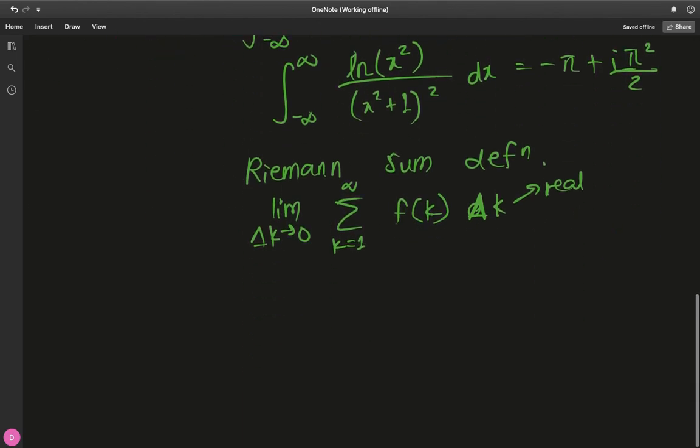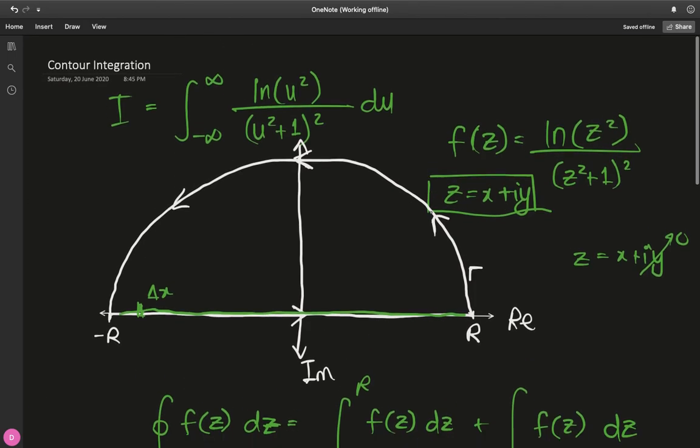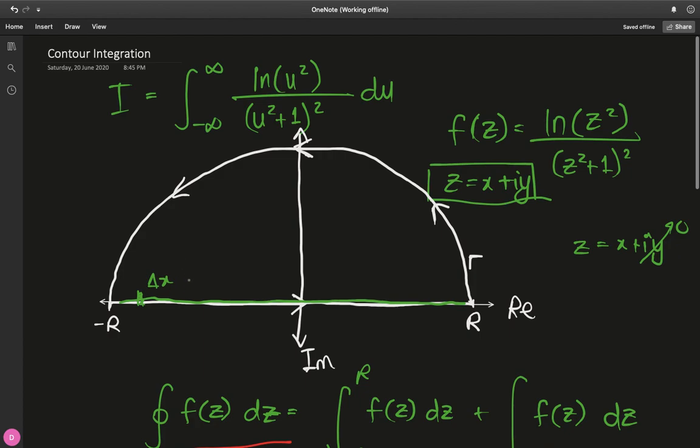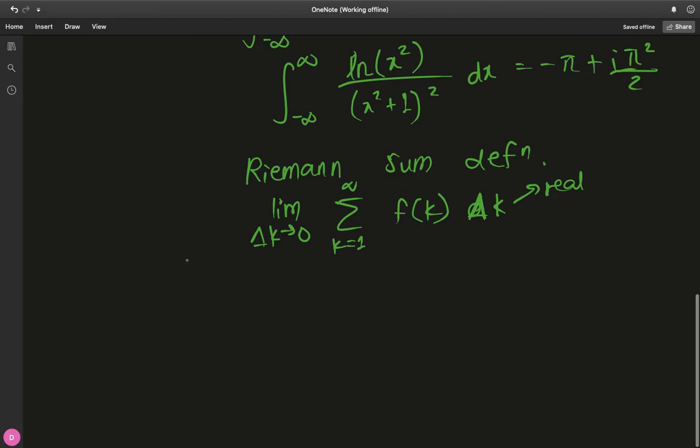And this f will always take in a real variable, because x is a real variable. So f of x is a function of a real variable. This will always result in some real value, because in order for things to be complex, you need a real part plus an imaginary part.